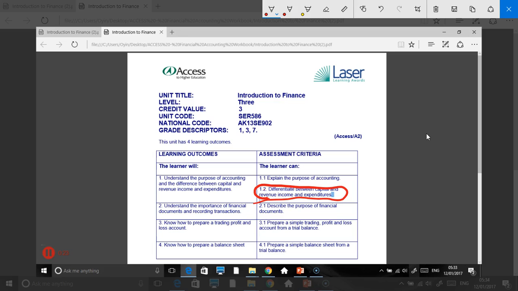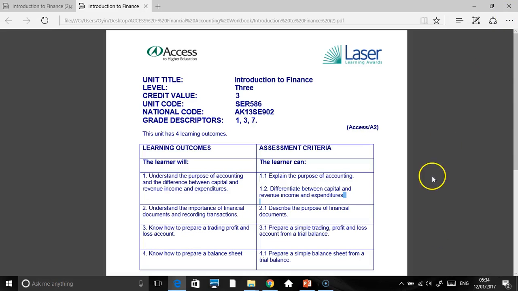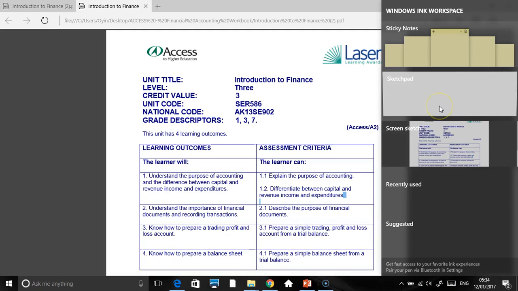Right, so let me bring up a clear page to work on. In accounting, first of all, we need to discuss a certain idea, and that idea or concept is referred to as the business entity concept.